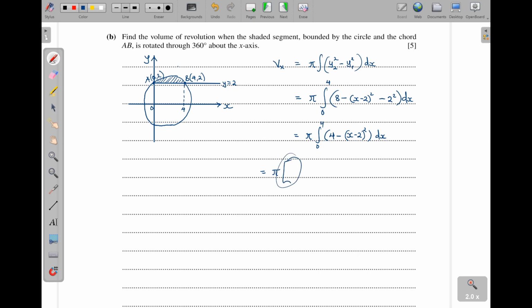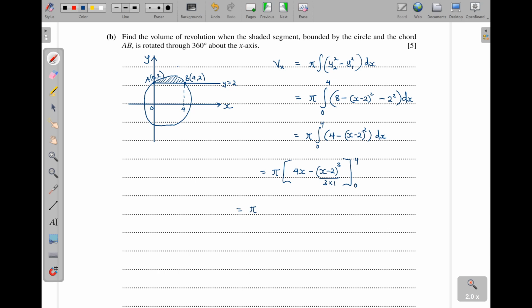So you can see that here, I'm not bringing it back. Now, when you integrate this one, raise the power by 1, you divide by the new power, that will be 4x. And then here, (x minus 2), then power, this will be 3, divide by 3. And then times the derivative of whatever is inside here. So that will be a 1 here. And then we put the limits 4 and then 0.